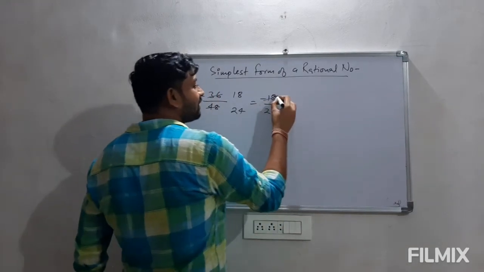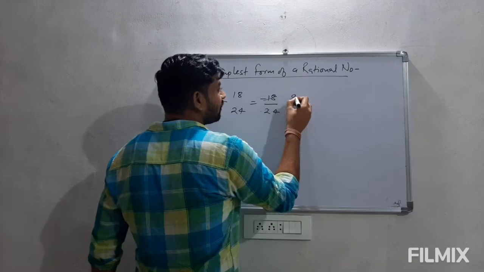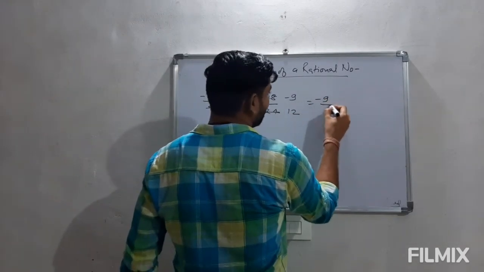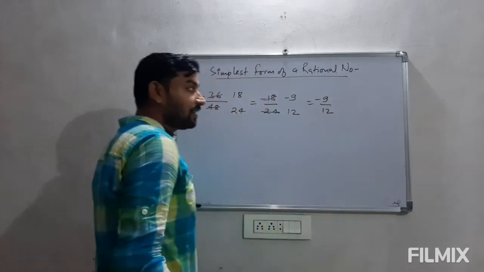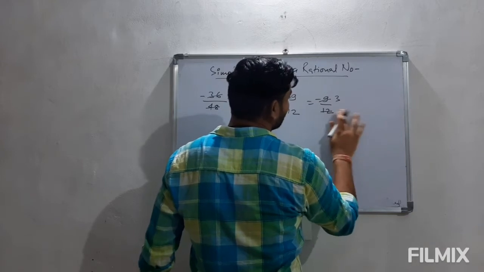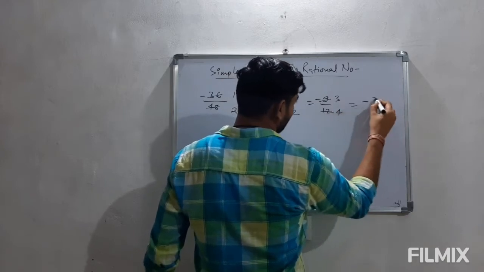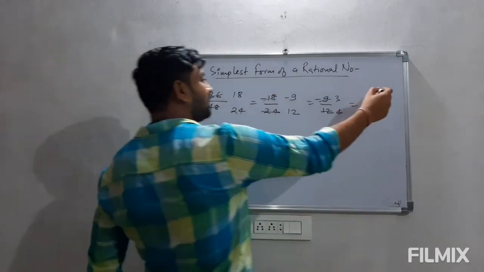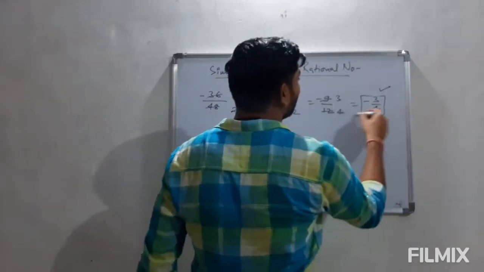Again we can divide by 2 here, so it will be minus 9 and 12. Now again we are getting minus 9 by 12. It can again be divided by 3, that is common to both of them. So we are getting minus 3 by 4. So the number here which we cannot divide is the simplest form.